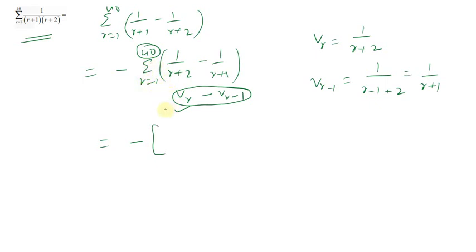Instead of that, I am just giving you a technique. Let me substitute the upper limit in Vr. Vr is nothing but 1 by r plus 2, so you are getting 1 by 42, minus, and let me substitute the lower limit in Vr minus 1 in place of r. So r equal to 1 means you are getting 2.